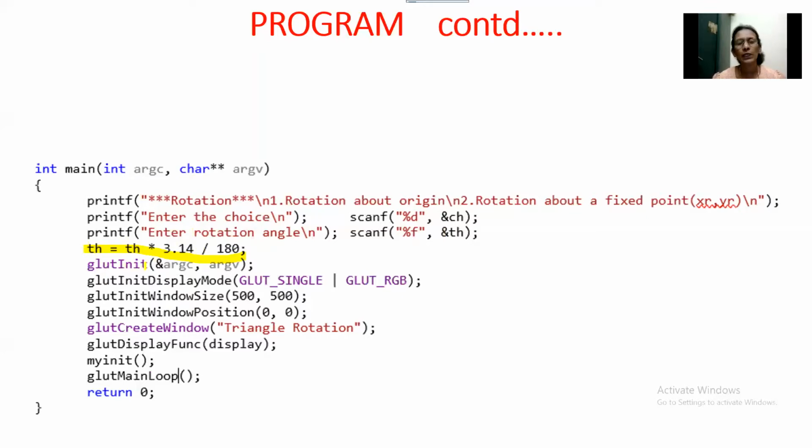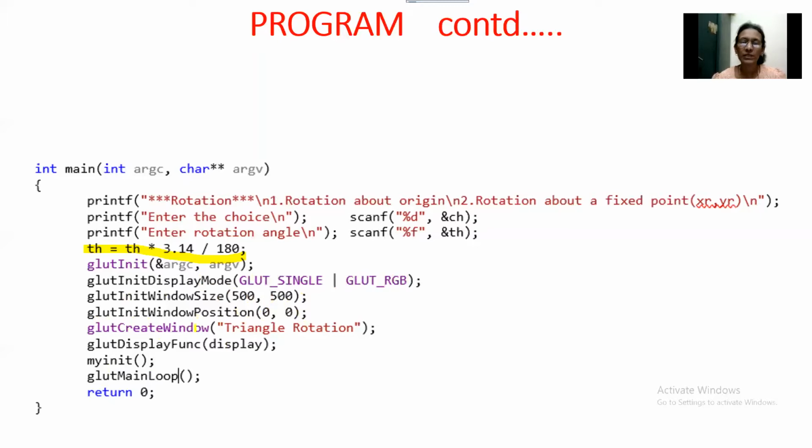glutInit will initialize the GLUT system, the OpenGL system. Next, you have glutInitDisplayMode. We are not using any animation, so GLUT_SINGLE, and only a single color buffer is used, and then we are using the RGB color system, GLUT_RGB. The window size we are defining as 500, 500. Then glutInitWindowPosition, we are positioning at 0, 0, that is the top left corner.